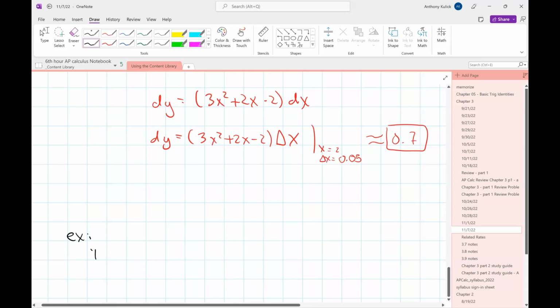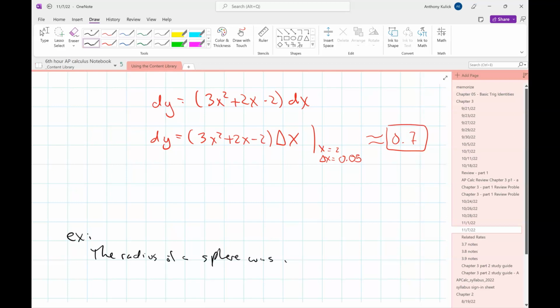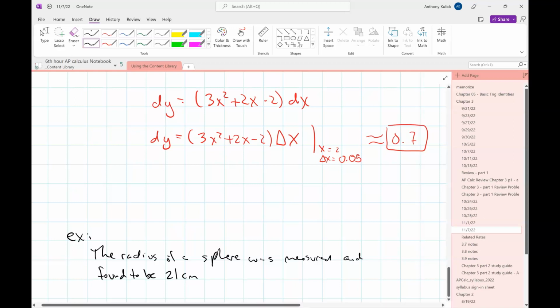Let's say that the radius of a sphere was measured and found to be 21 centimeters, with a possible error of 0.05.